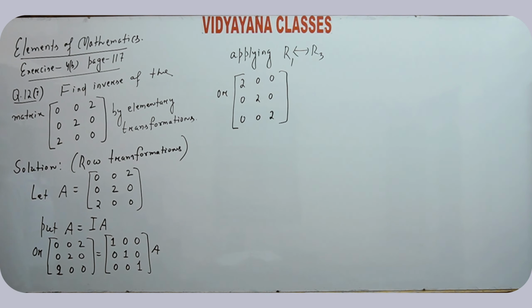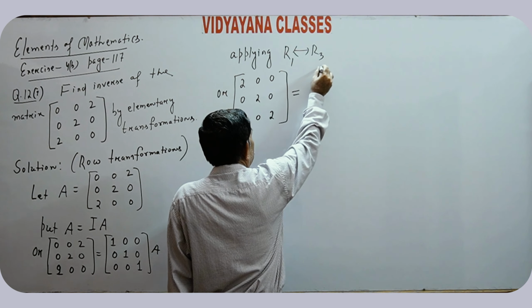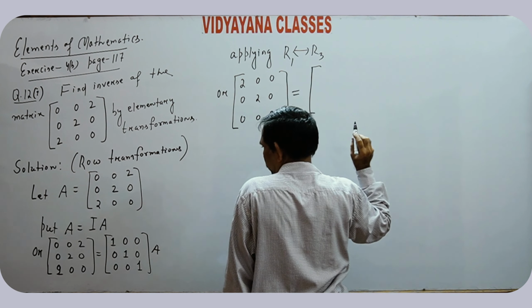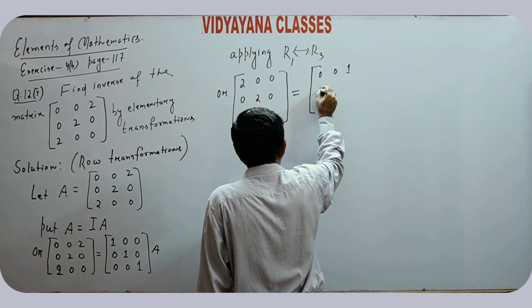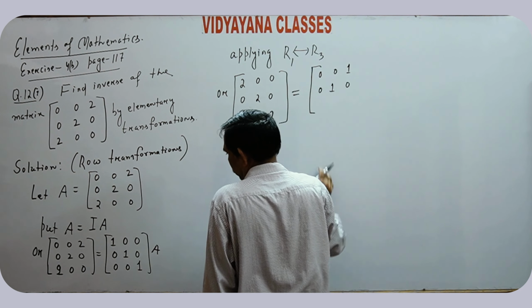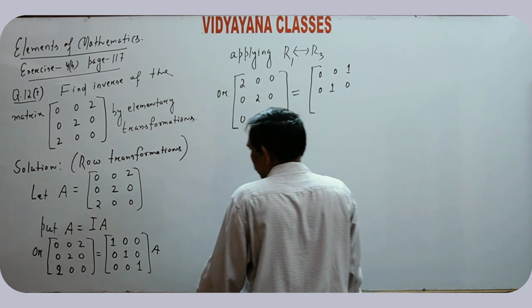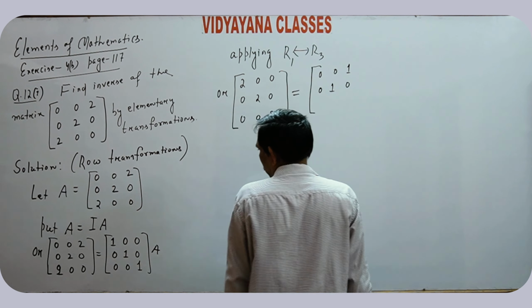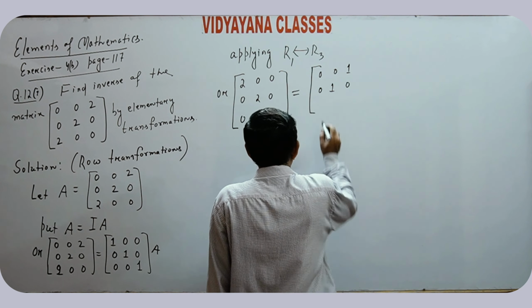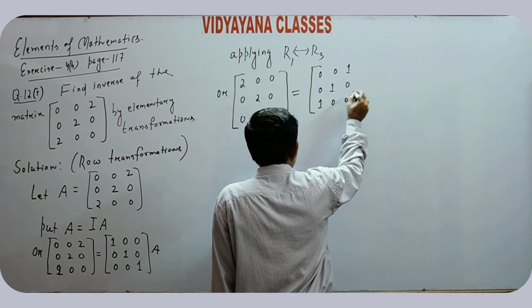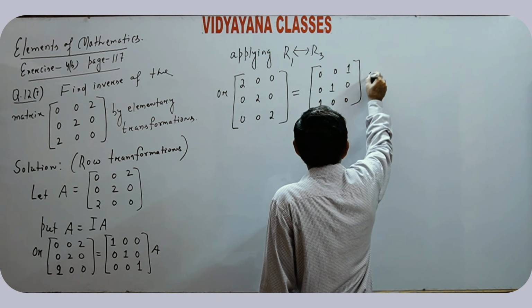Interchanging row 1 and row 3 is the same as 0, 0, 1, 0, 1, 0, 1, 0, 0, I into A.